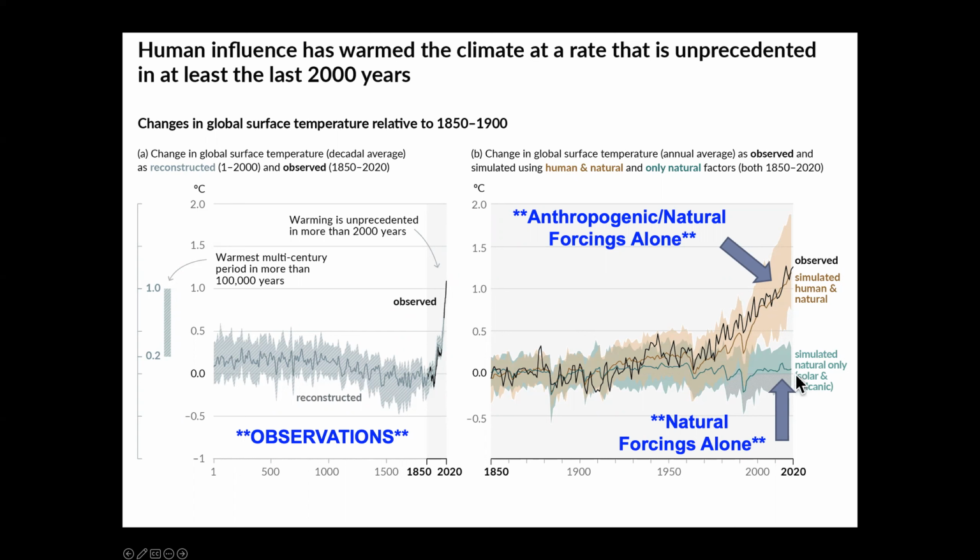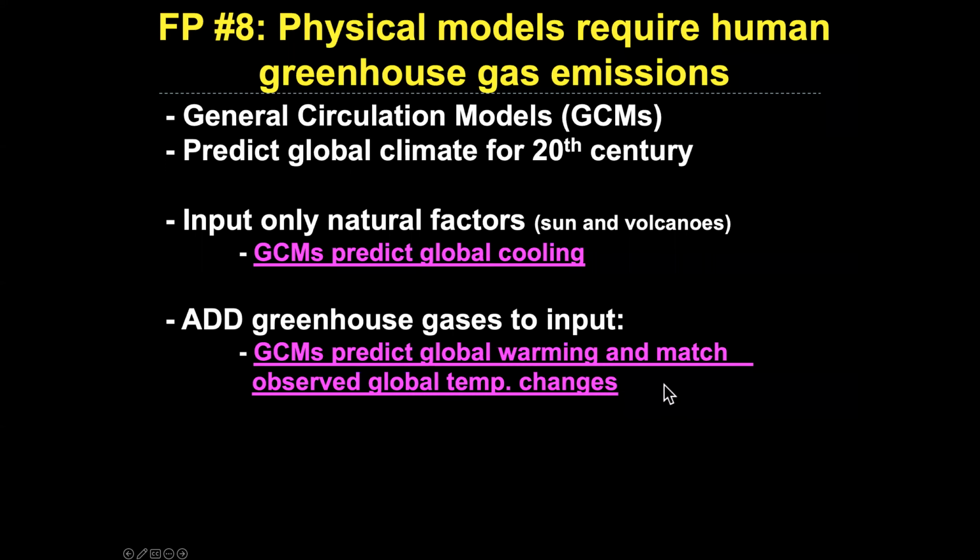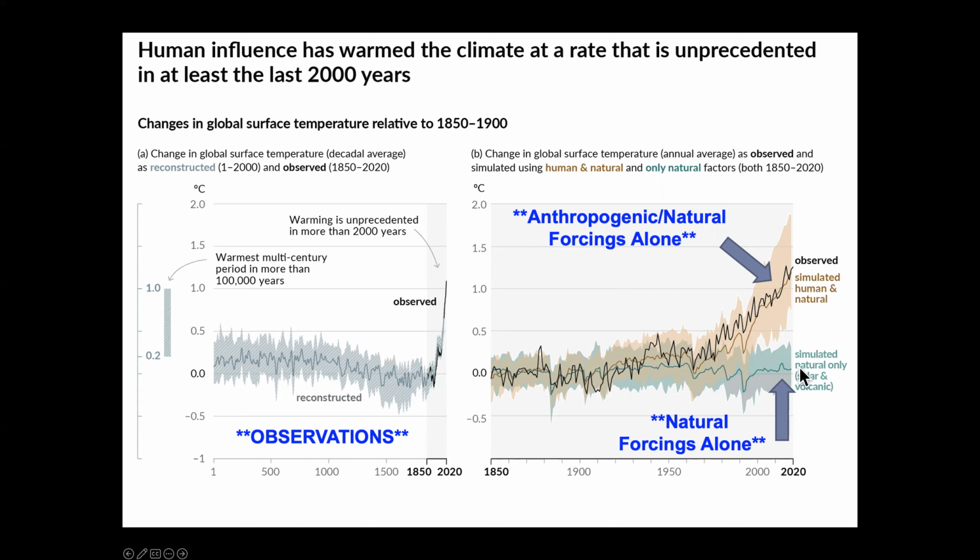Now, this bar here, this sort of green color, would mean what would happen to temperature if you only accounted for the sun and for volcanoes. So this right here. And notice how it would basically remain pretty close to what we considered zero or normal and slightly cooler. But this is when you consider natural and anthropogenic, there's that word again, human-aided forcings.